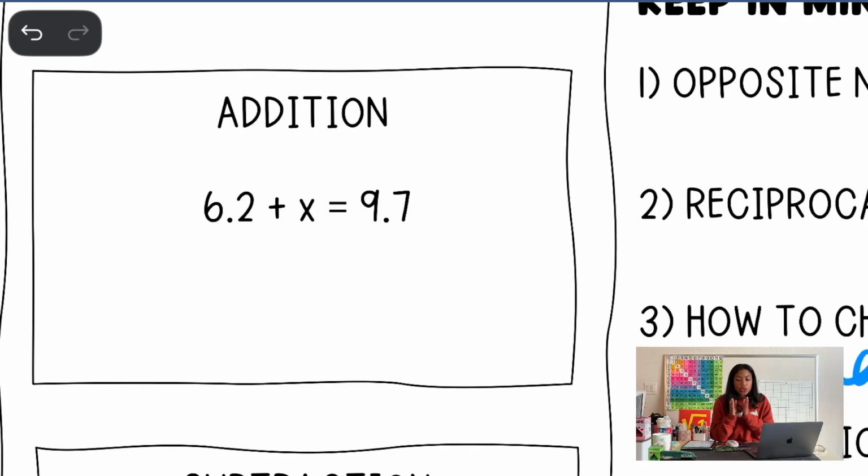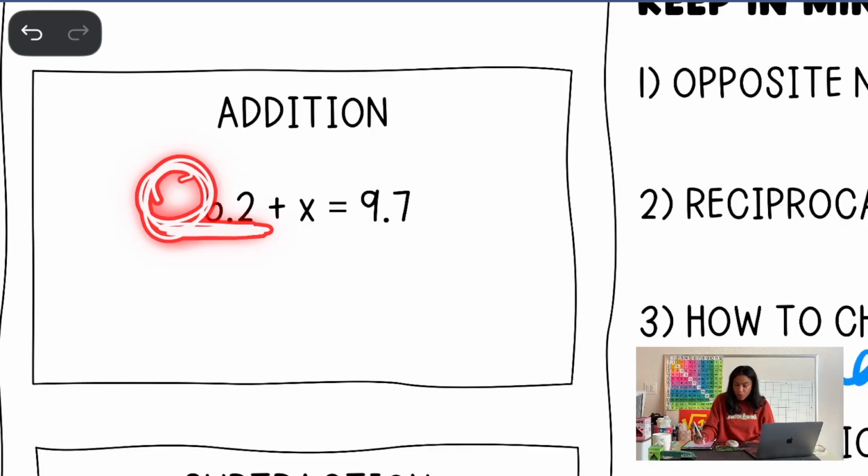We need to use the inverse of addition so that we can solve this. Right now, 6.2 is being added to x, and it's a little bit weird because 6.2 is here in the front, we don't see a sign, but we know that there is a positive sign being implied there at the front. So because it's being added to x, in order to do the inverse, we need to subtract.